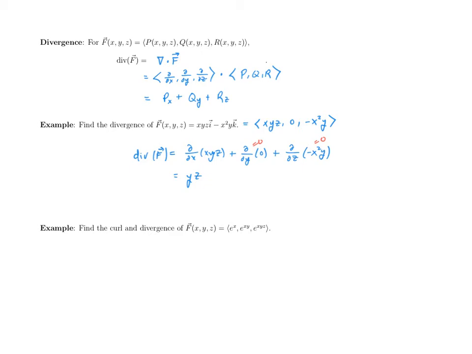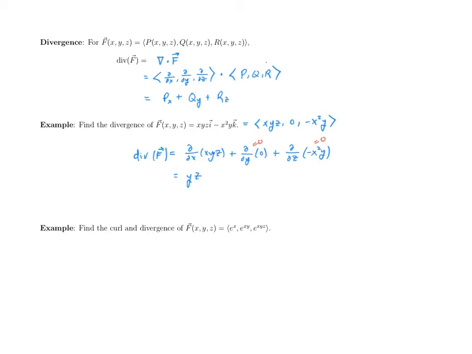And I will throw out the disclaimer, this is not something we are going to explore in this class, but as an application in other classes it may come up, and it's also a very important idea when it comes to something called the divergence theorem, which you may encounter in future courses.